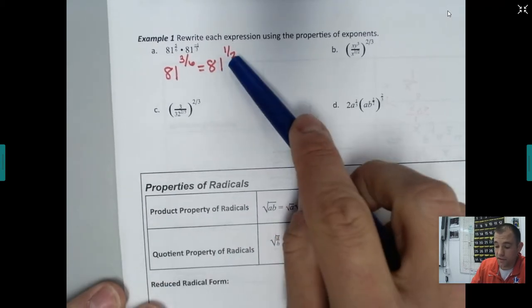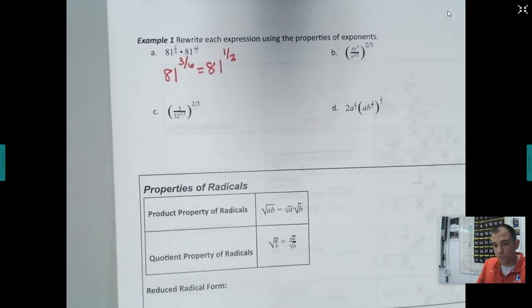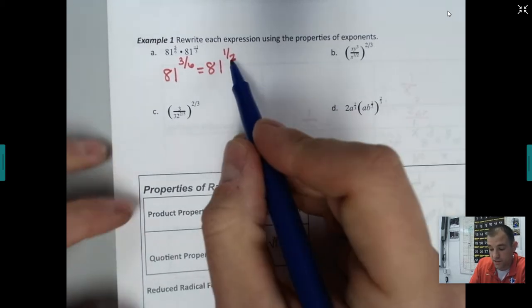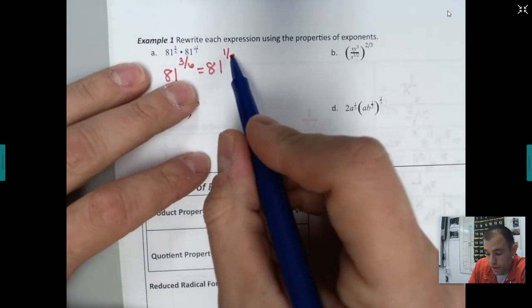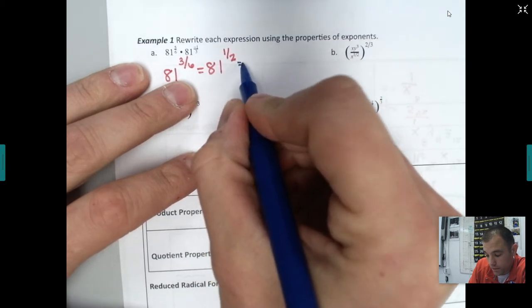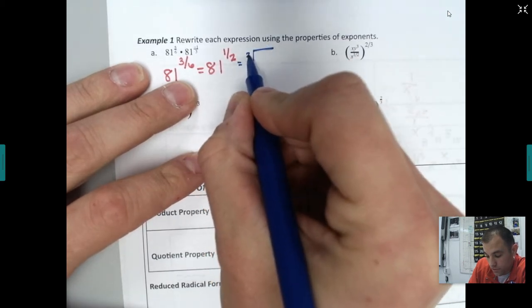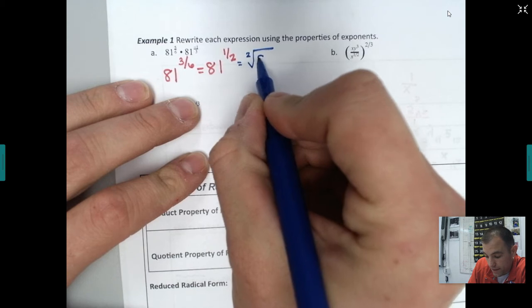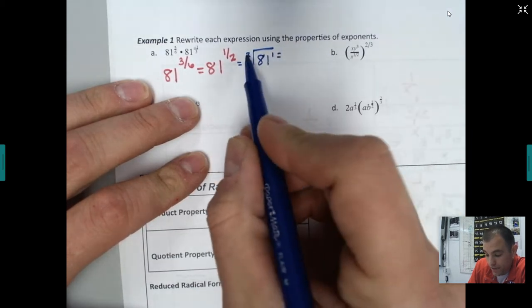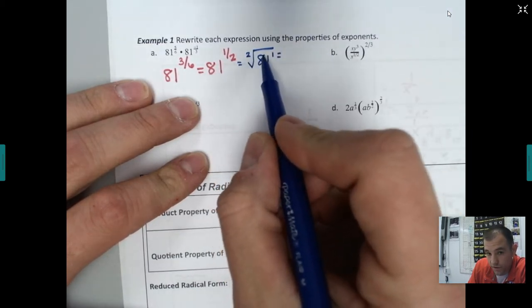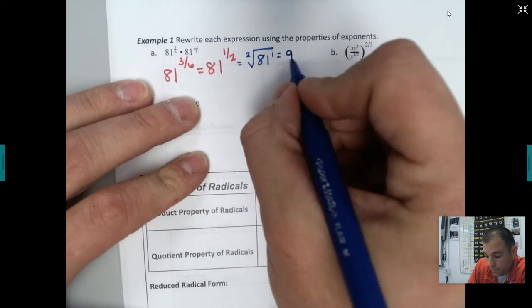So we can simplify this one a little bit more. And there's a couple of ways that we can do it. So we talked about how you could change this into a radical. Remember, the bottom number goes in front, so there'd be a 2 in front. And the top number goes on the inside. So basically, it's just what's the square root of 81? And that's 9.